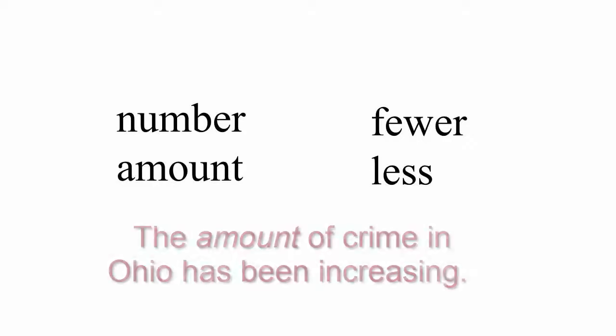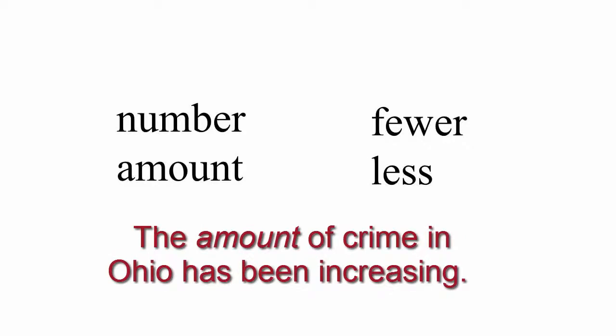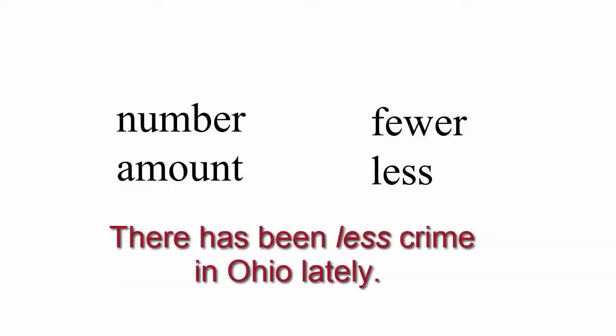I would say the amount of crime in Ohio has been increasing. Same thing, we would use the word less. There has been less crime in Ohio lately. The point here is that if it isn't something that is actually quantifiable, we are going to use amount and less.